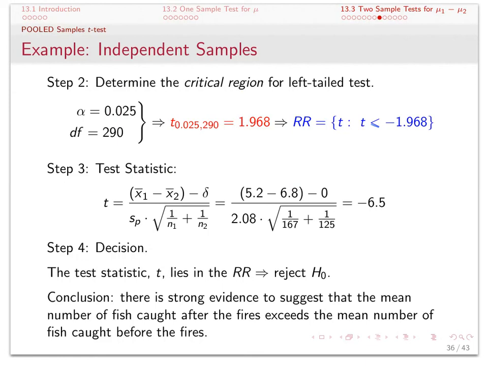Now this test statistic of negative 6.5 lies in the rejection region because it's less than negative 1.968. So that tells us that there's evidence to suggest that the mean number of fish caught after the fires exceeds the mean number of fish caught before the fires. And given that our test statistic of negative 6.5 is so much less than negative 1.968, that suggests that perhaps there's even strong evidence to suggest that more fish are being caught after the fire than before the fire.